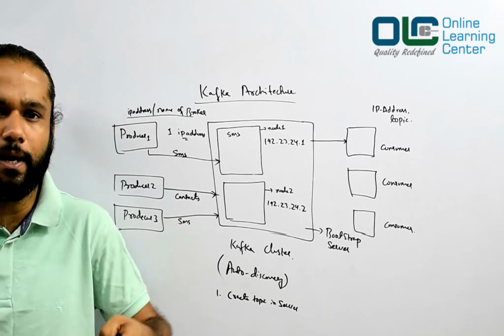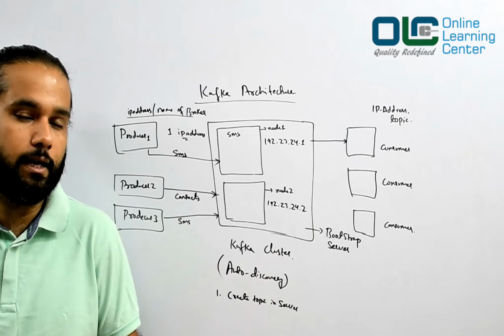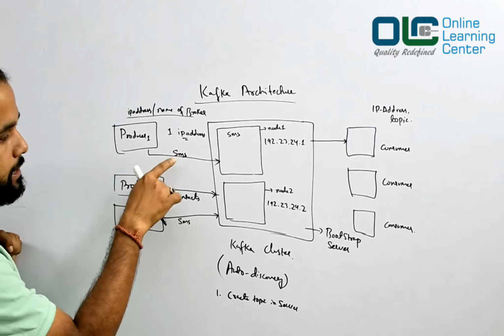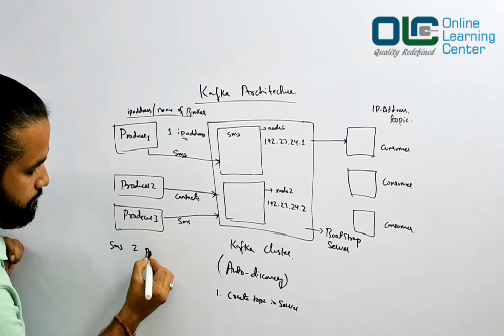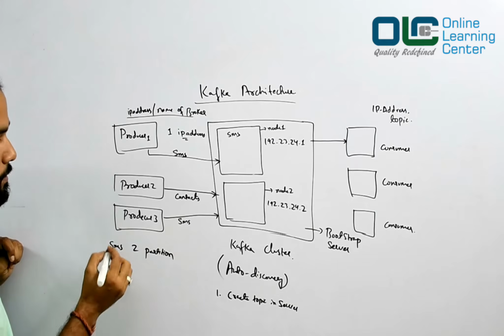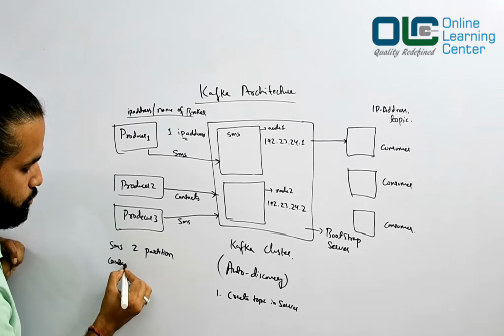And what is a partition? Partition is just grouping of data, logically grouping of data differently altogether, right? Let us assume that this SMS has 2 partitions, and let us assume your contacts also has 2 partitions.